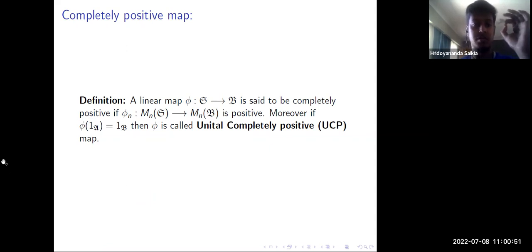Moreover, if the map takes the identity element to the identity element of B, then we say that it is a unital completely positive map. That means it preserves the unit and it is completely positive. And in short, we say this to be a UCP map. Okay, and these are the central objects I'm working on.